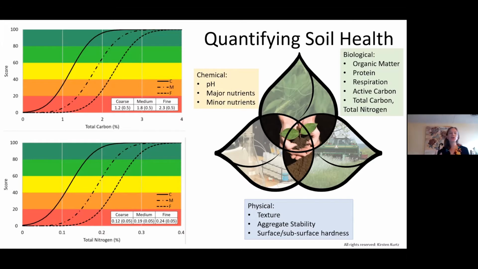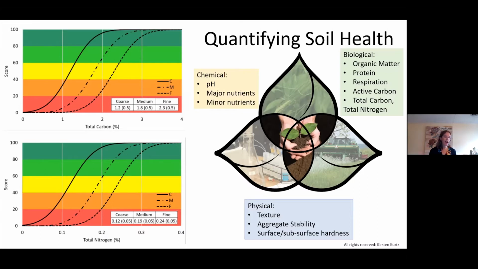And the way that we look at this is that we rate them using our scoring curves, which you can see on the left-hand side of the screen. And we're rating your results against all of the rest of the results we've gotten in our lab. So we've gotten over 10,000 samples. And we're kind of saying, this is where you fall in against everything else.